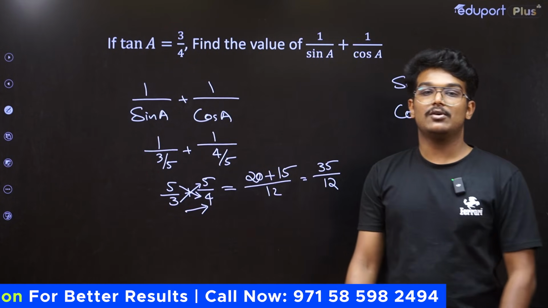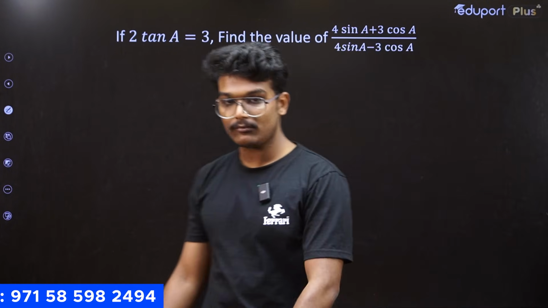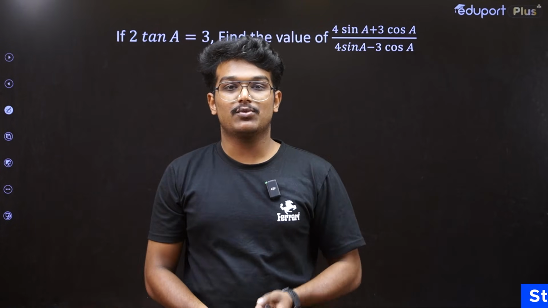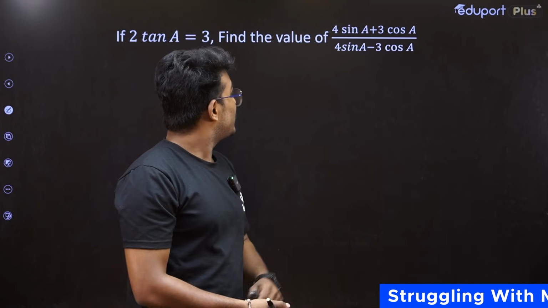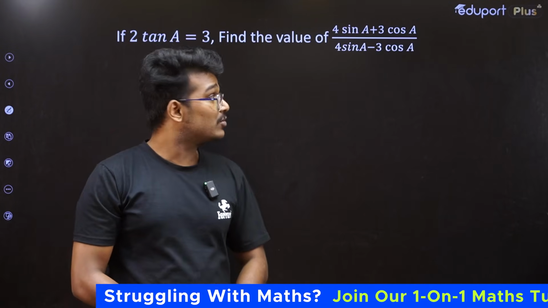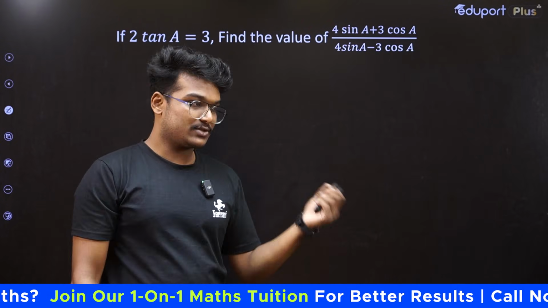Clear? Now let's move to the next question. If 2 tan A is equal to 3, then find the value of 4 sin A plus 3 cos A divided by 4 sin A minus 3 cos A. Okay, let's find the answer.